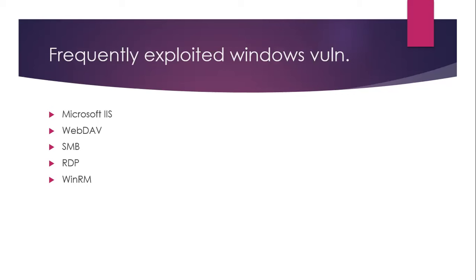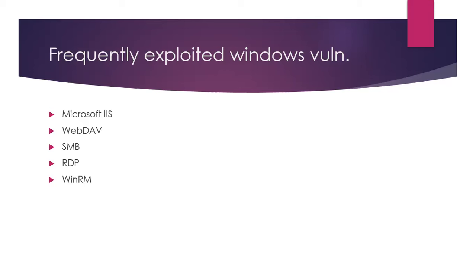We have the RDP, the Remote Desktop Protocol. It was also developed by Microsoft. You can remotely authenticate users. You can remotely upload files, different scenarios like that. That is what we use RDP for.